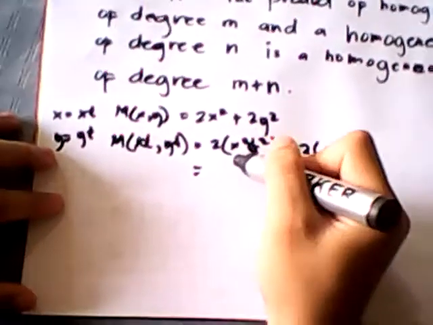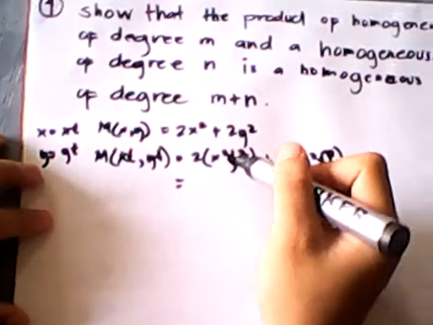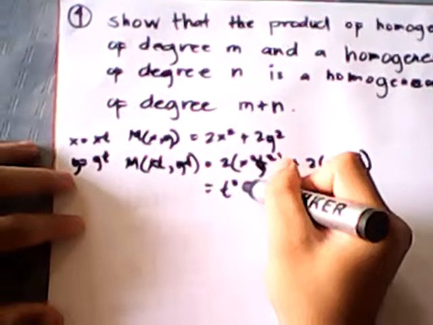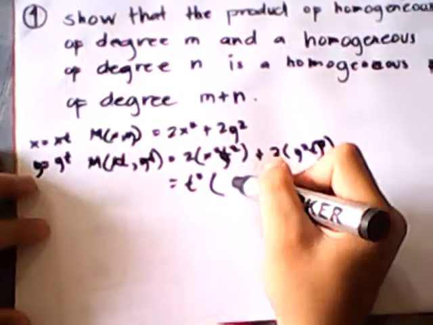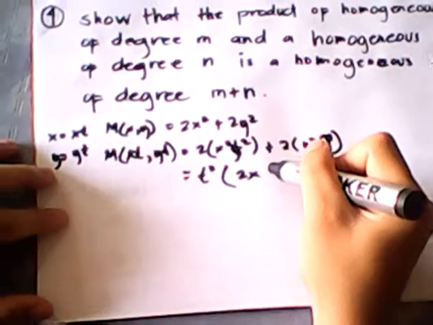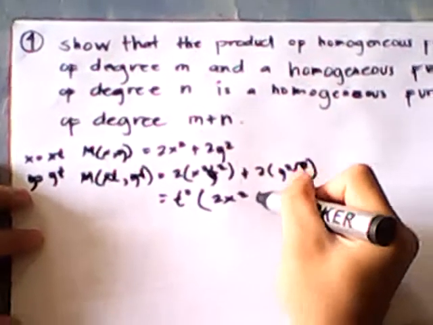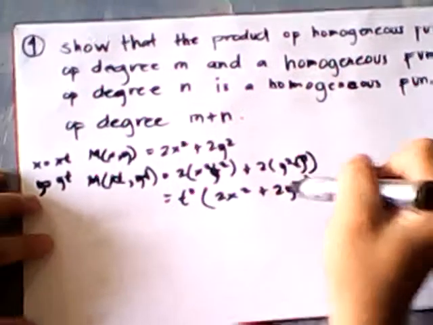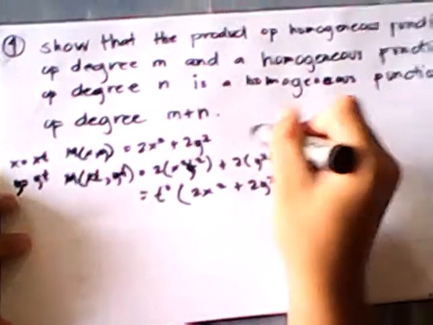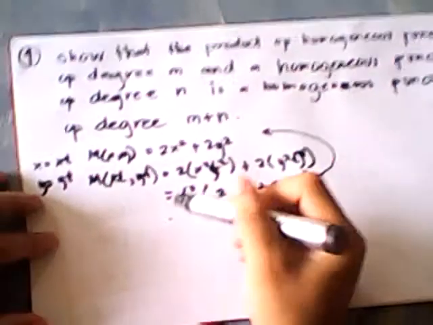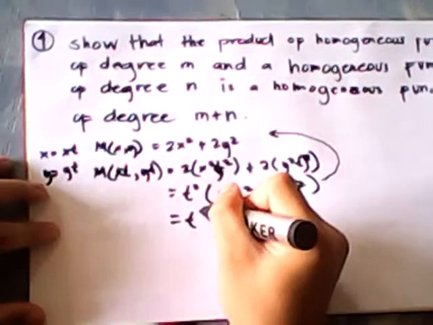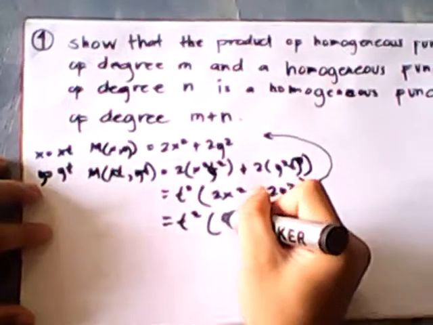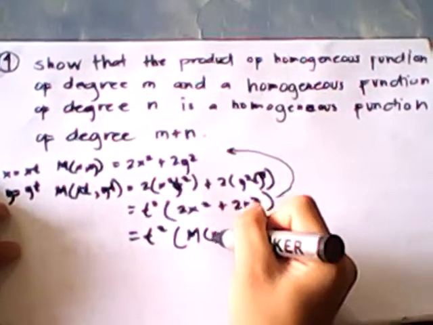By simplifying it, you can get t squared times 2x squared plus 2y squared. So this is the function m of x, y. So you can get t squared times the function of m of x, y.